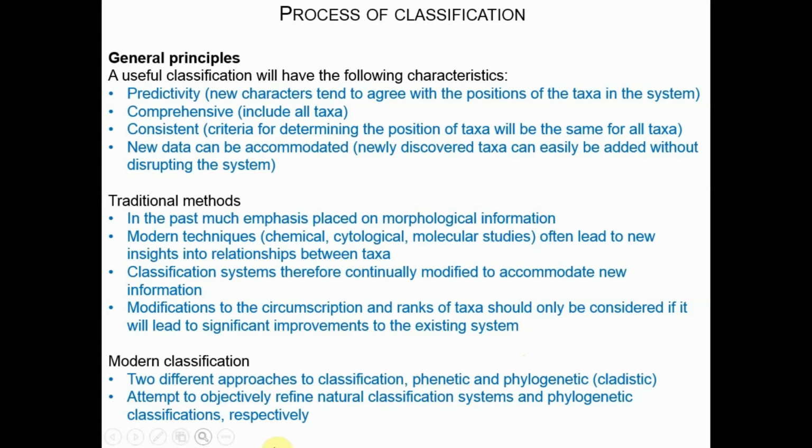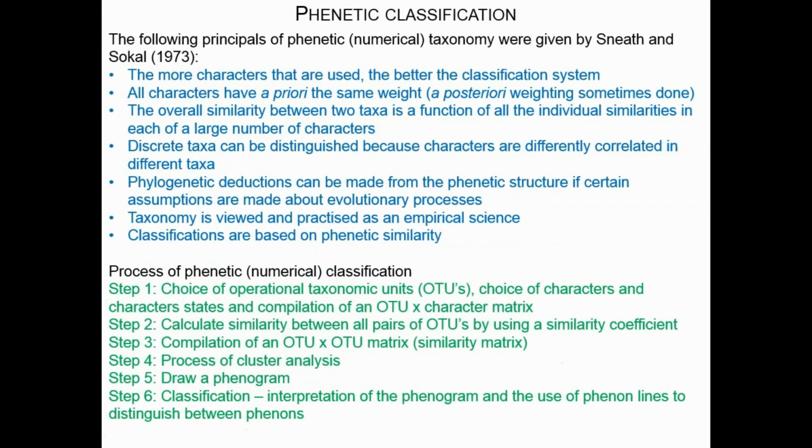So in modern times, two different approaches are used: phenetic and phylogenetic, or cladistic, and we are going to look at these two in turn. And the idea is that we objectively refine classification systems and phylogenetic classifications, so that we can say that these are based on the analysis of empirical data.